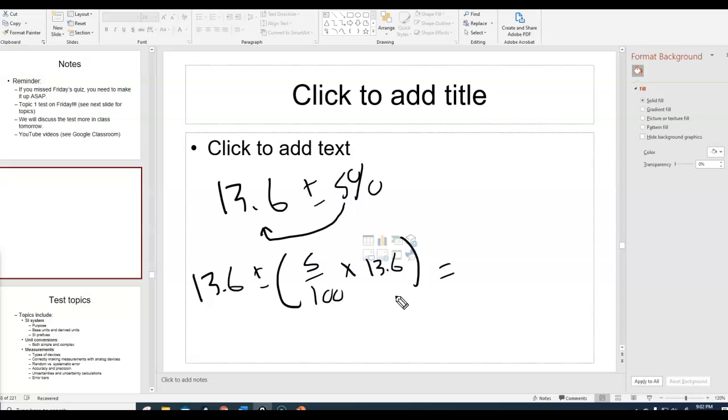And I get a value of 0.68. Okay, so 13.6 plus or minus 0.68, and that's how you would go from percent back to absolute uncertainty.